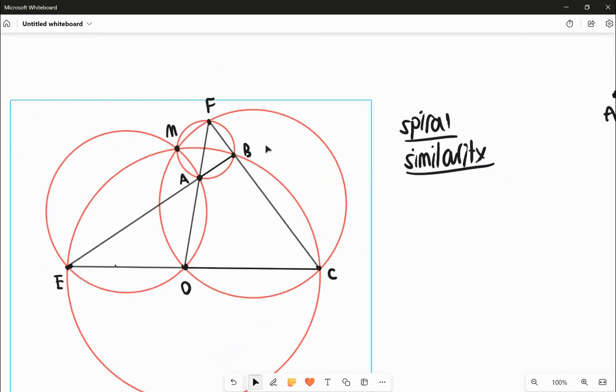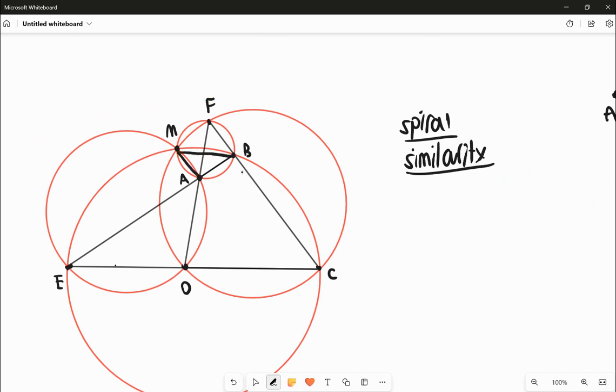We have lots of intersections of circles now, so we immediately think of spiral similarity. Indeed, AD and BC intersect at a point F, and the circumcircles of FAB and FDC intersect at a point M. So that means that we can immediately deduce that M is a spiral center mapping AB to DC.